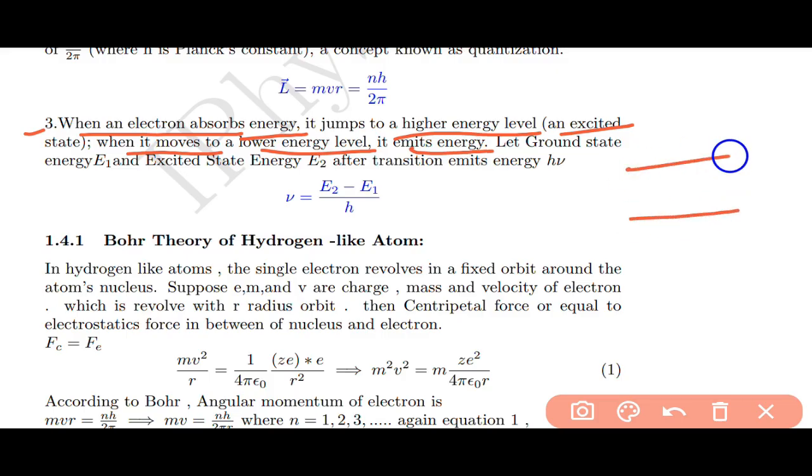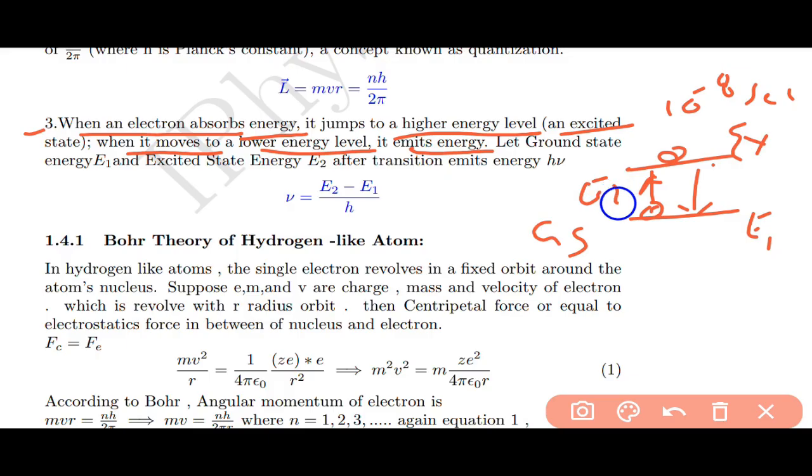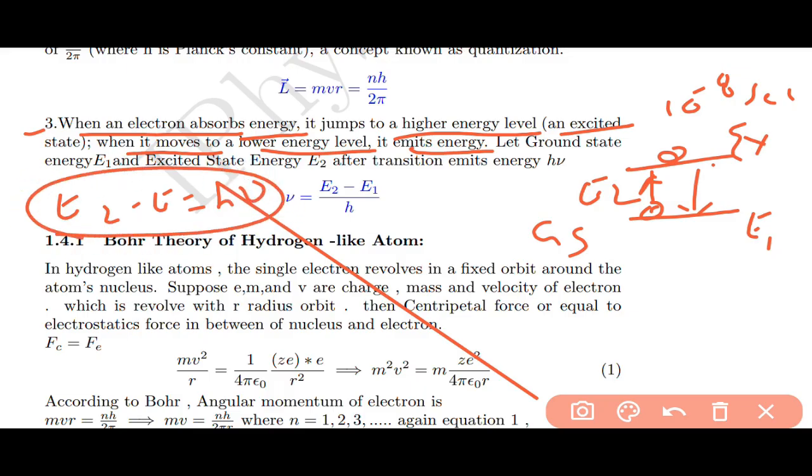Let's suppose this is the ground state and this is the excited state. इलेक्ट्रॉन कुछ एनर्जी एब्जॉर्ब करके एक्साइटेड स्टेट में जाता है. आफ्टर सम टाइम, around 10⁻⁸ सेकेंड, इलेक्ट्रॉन वापस अपनी ग्राउंड स्टेट में आता है. जब ये ग्राउंड स्टेट में आ रहा था तो वो कुछ एनर्जी इमिट करता है. इसमें सपोज यहाँ पे एनर्जी E1 है और यहाँ पे एनर्जी E2 है, तो हम लिख सकते हैं E2 minus E1 equal to, जो एनर्जी इमिट कर रहा है वो हो गया हमारे पास h times nu. Okay, implies that nu is equal to E2 minus E1 by h cut, where nu is the frequency.